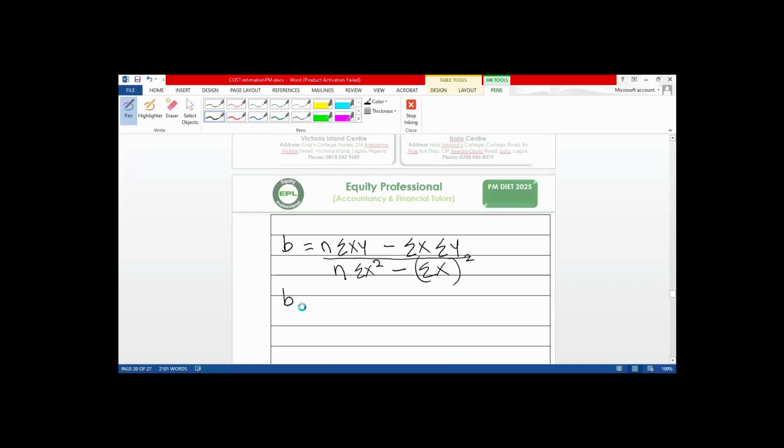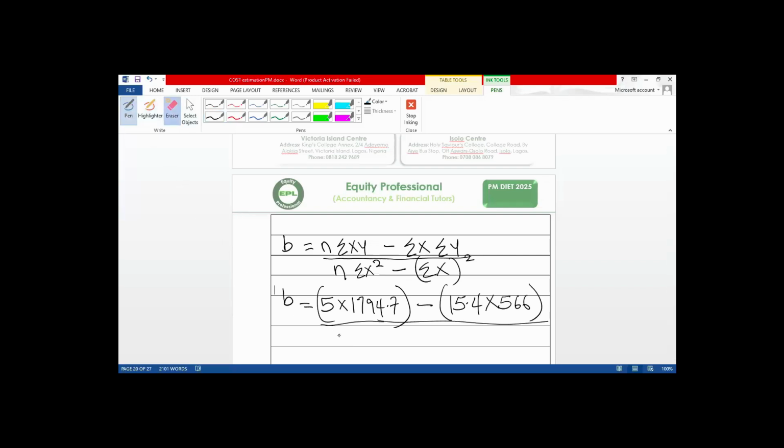Our b is equal to 5 multiplied by summation xy, 1794.7. I'll close these brackets here, minus summation x, 15.4, multiplied by summation y, 566, close my bracket, divided by n. N is 5.